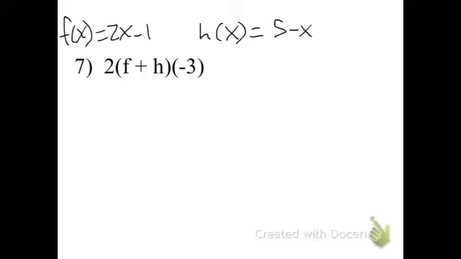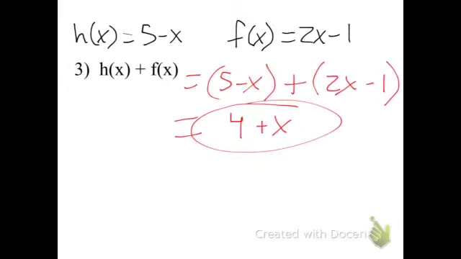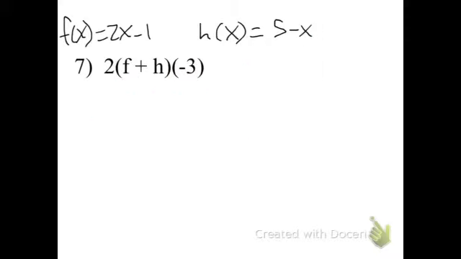For 7, you have to do f plus h, combine that, then evaluate at negative 3, and then multiply by 2. Or you can combine these, multiply by 2, and then evaluate at negative 3. So there are a lot of different ways to go about this one. I'm going to start with just adding f plus h of x, because I think I already did that. Yeah, that's number 3. It's x plus 4.